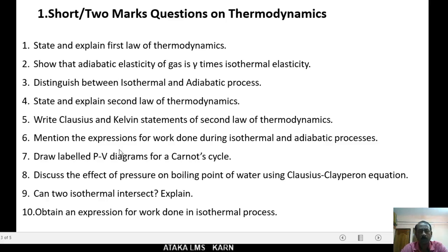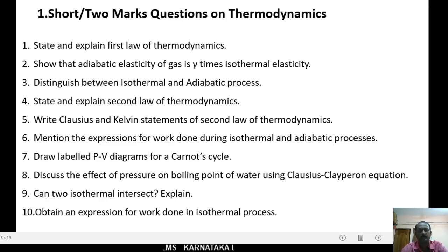Next question is draw labeled PV diagram for Carnot cycle. You just write down the PV diagram of Carnot cycle and label it. That means isothermal expansion, isothermal compression, adiabatic expansion, adiabatic compression. Then it carries 2 marks.